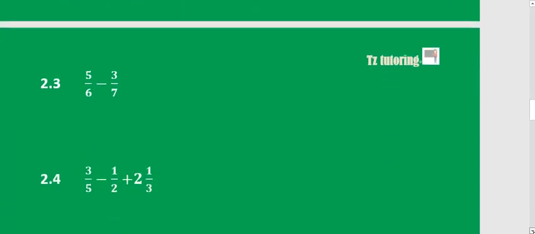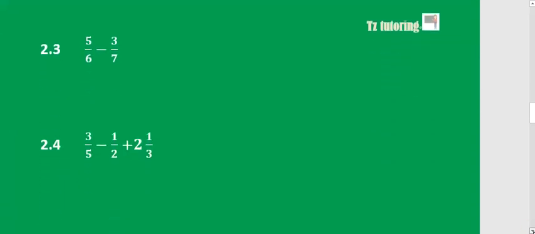For 2.3, it's slightly complicated because now the denominators, as you can see, are not the same. We've got 6 and we've got 7. And of course, we cannot add or subtract fractions if the denominators are not the same. So, as a rule, if the denominators are not the same, as is the case here, we have to get them to be the same.